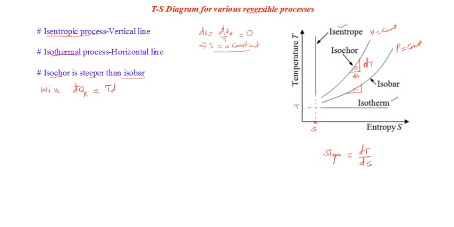That is our first relationship, TdS, where S is the entropy. Now let's take the isobaric and isochoric processes separately. First, for an isobaric process.